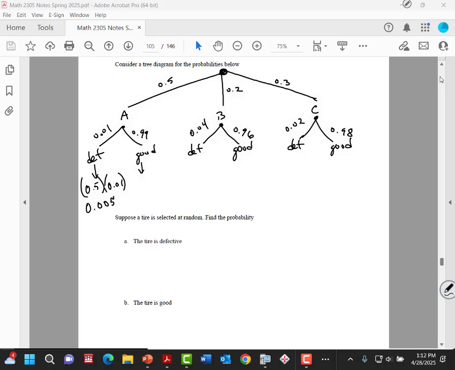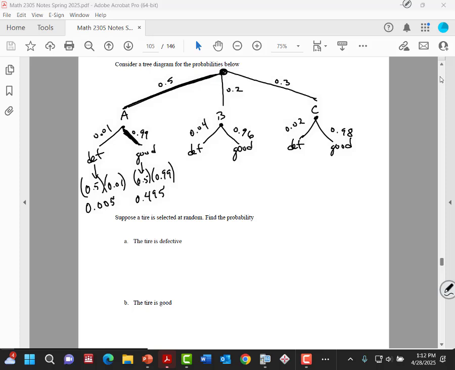This is the probability that it is defective and from A. What if I did 0.5 times 0.99? This would be 0.495. That's this number times this number right here.